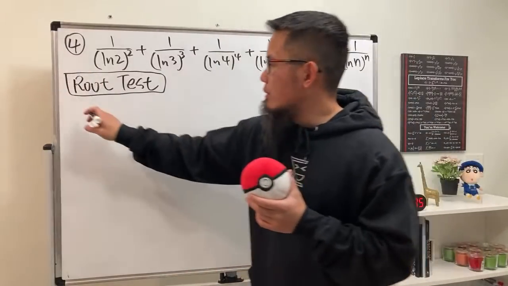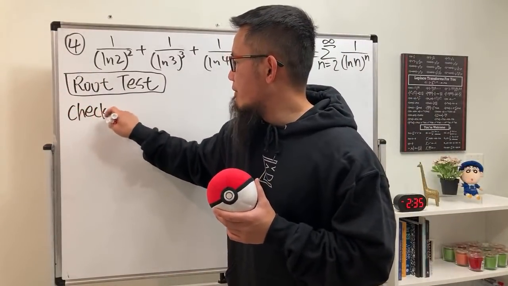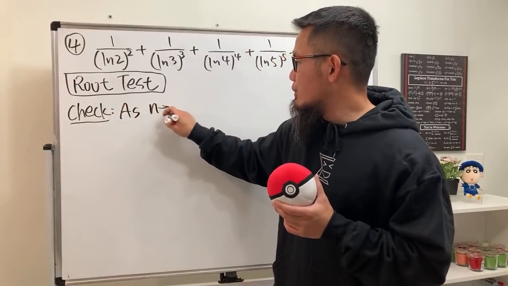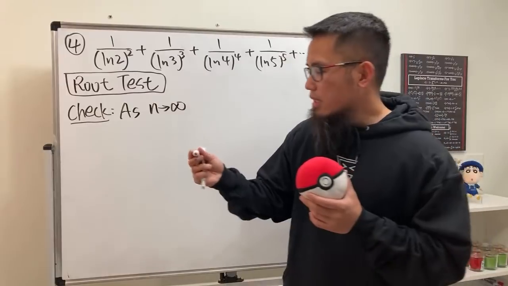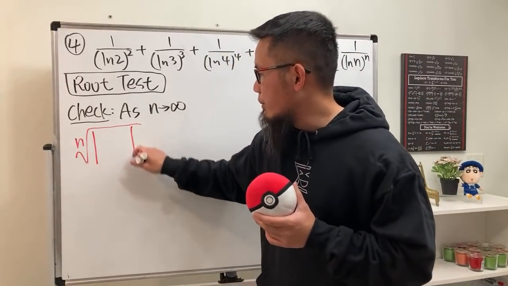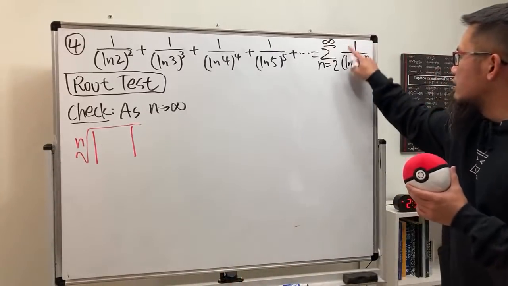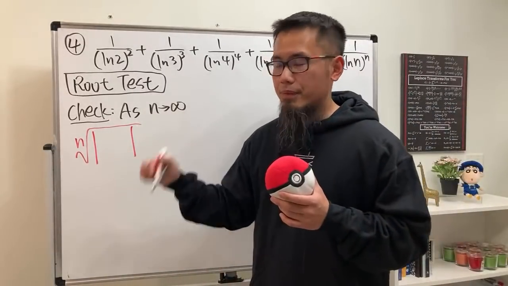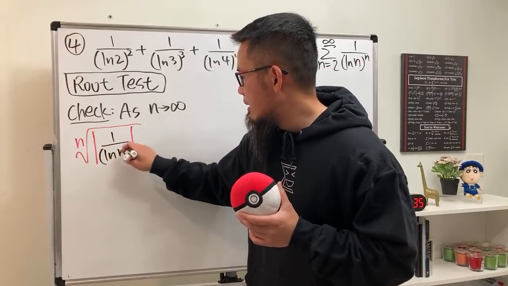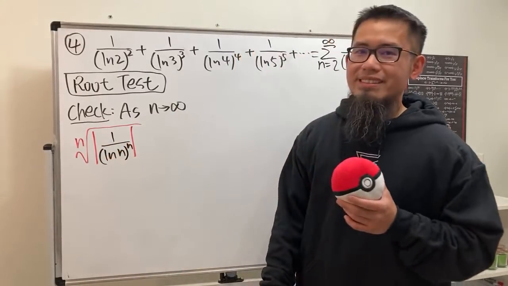And to do so, we have to just check the limit, right? So I'll just say as n goes to infinity, we will take the nth root, and technically we apply the absolute value, and we are going to throw in this expression in here. So that will be 1 over ln n raised to the nth power.